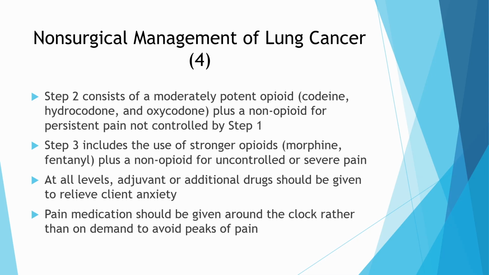Step 2 would consist of a moderately potent opioid, such as codeine, hydrocodone, and oxycodone, plus a non-opioid for persistent pain that is not controlled by step 1. Step 3 includes the use of stronger opioids such as morphine, fentanyl, plus a non-opioid for uncontrolled or severe pain. At all levels, adjuvant or additional drugs should be given to relieve client anxiety. And then pain medication should be given around the clock rather than on demand to avoid peaks of pain.